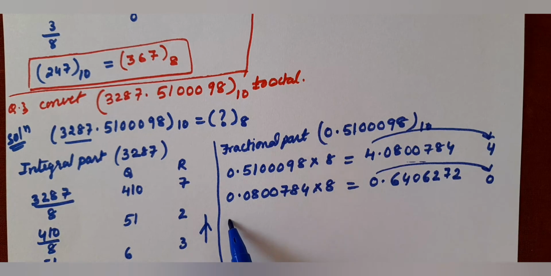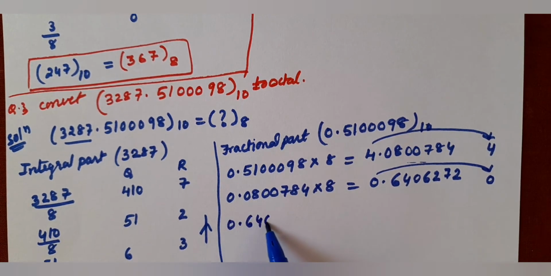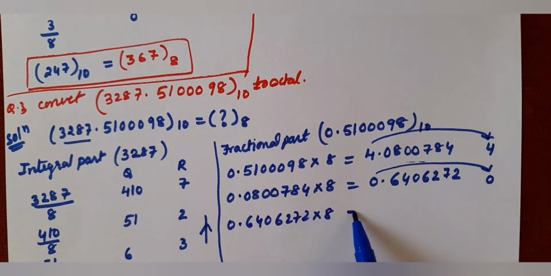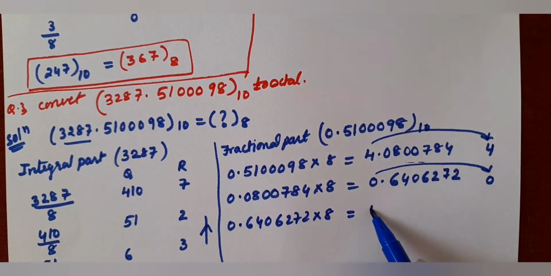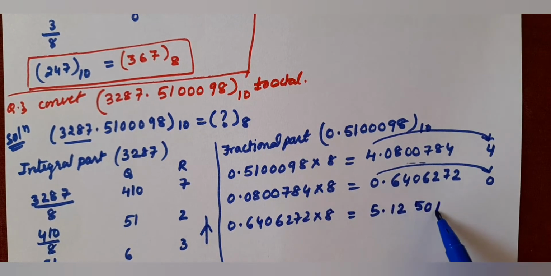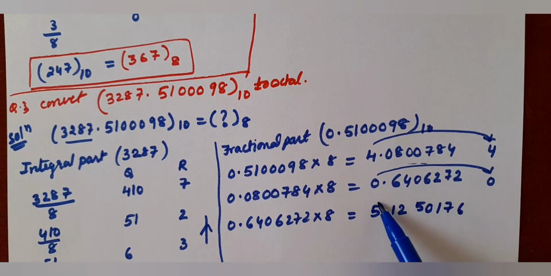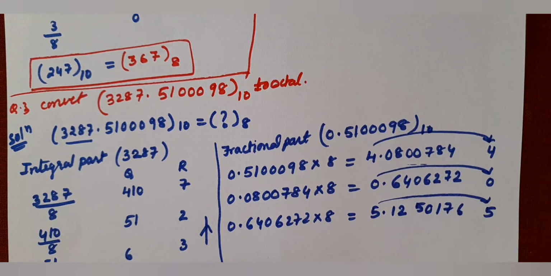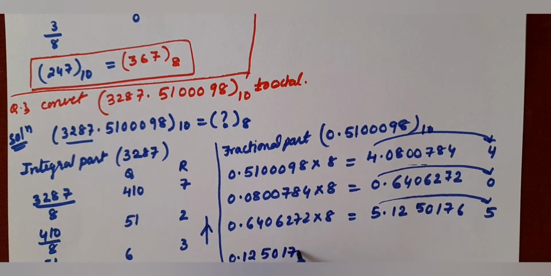Multiply this one again. 0.64627 multiplied by 8 will be coming as 5.17. Take this 5 here. Now multiply this one again, 0.17 into 8.